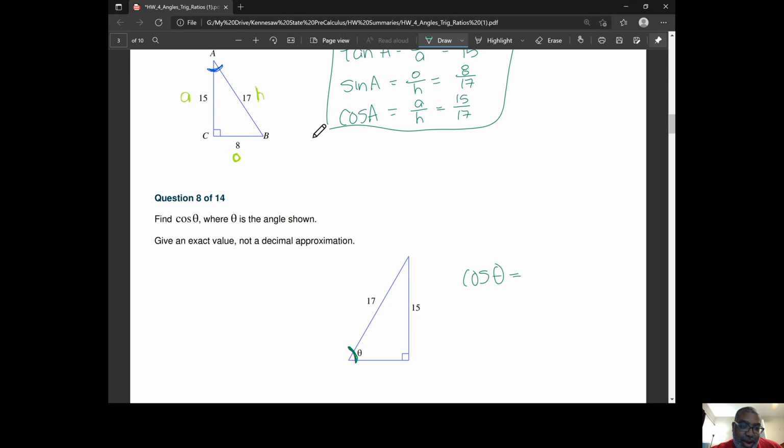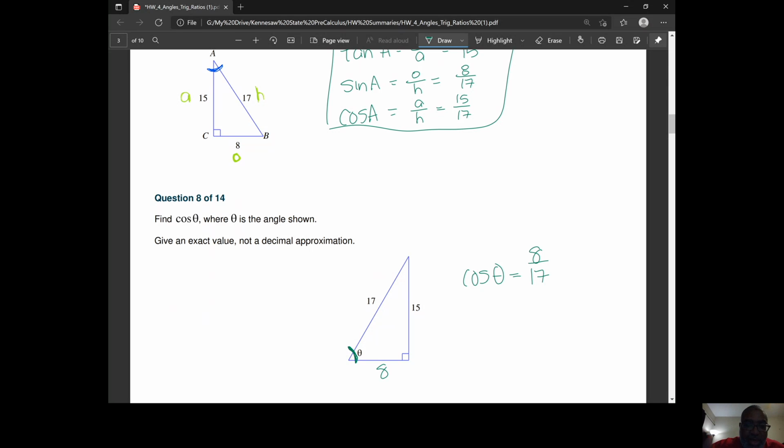But if we look at the triangle right above it, we see that 8, 15, 17 is a Pythagorean triple. In other words, these are whole numbers that make up side lengths for a right triangle. Here we have a right triangle with 17 and 15. This side has to be 8. So cosine of theta is 8 over 17.